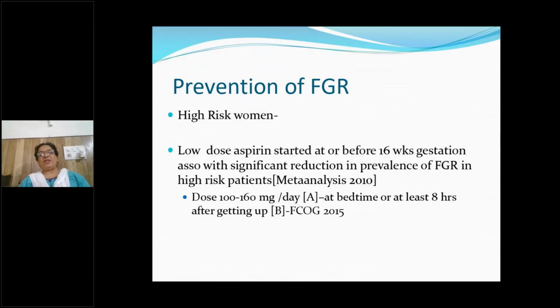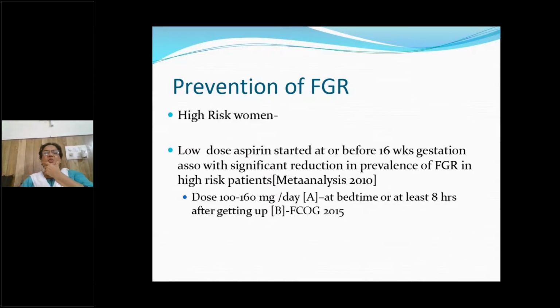Remember, this aspirin has to be started early to get the effects. If we start it late, it may not be effective because aspirin is supposed to affect the trophoblastic invasion, which occurs in the second phase. So we should do good history-based screening in the first trimester to find out the risk factors and start the aspirin, which may reduce the risk of fetal growth restriction.